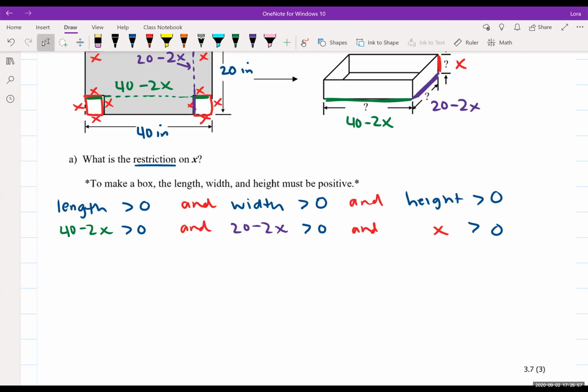If I solve this linear inequality for the length, I would get negative 2X is greater than negative 40. I always like to isolate my variable on the left side. Helps me with the direction of the inequality symbol. If I divide by negative 2 on both sides, the inequality symbol reverses. So I have x is less than, negative 40 over negative 2 gives us 20.